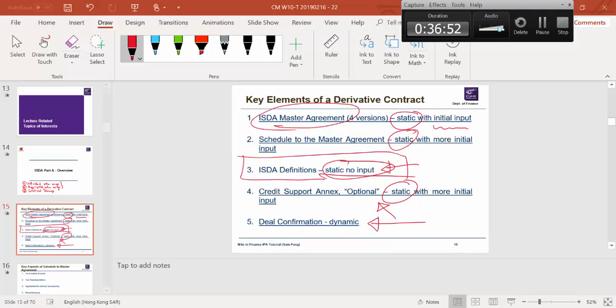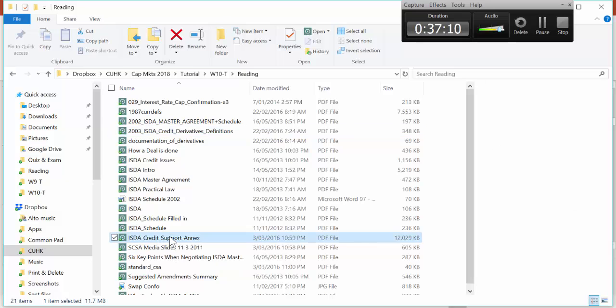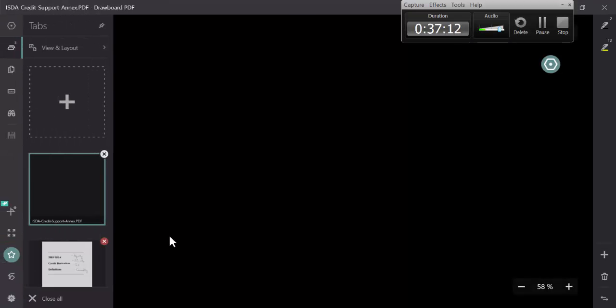Now, the fourth one, the CSA. What does that look like? I think it's a lot better when I show you these samples, so at least you get an idea what we are dealing with. So here is an example of a CSA.